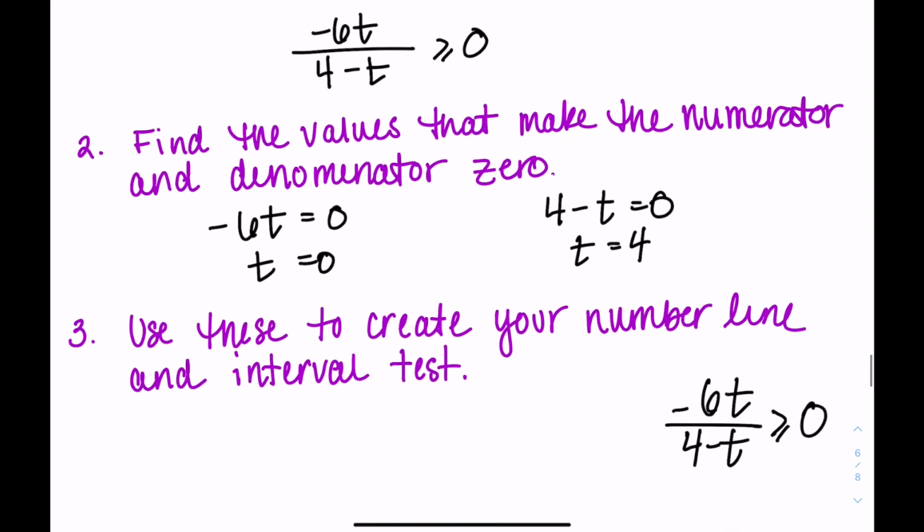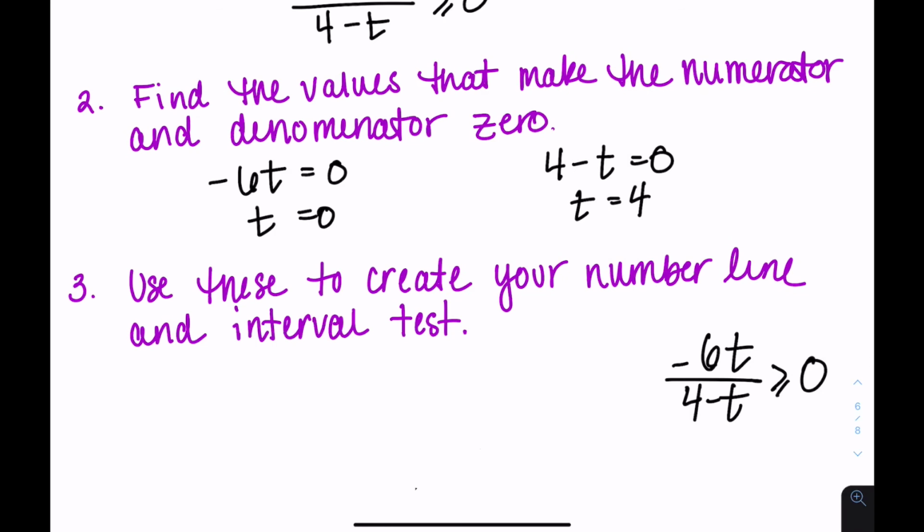So you're going to choose these numbers as your important ones to break your number line down into an interval test. So I've got our simplified expression here that I'm going to use to test my interval. I've got 0 and 4 as our important points. So I'll call this interval 1, 2, and 3.